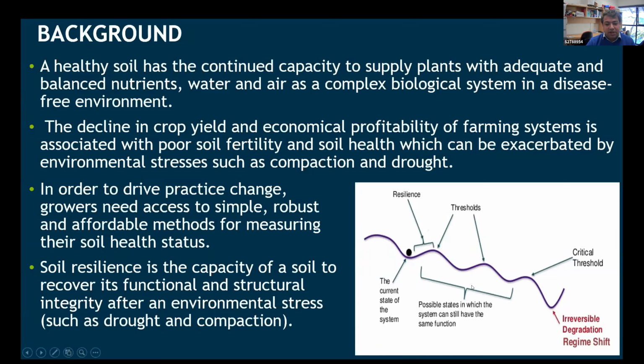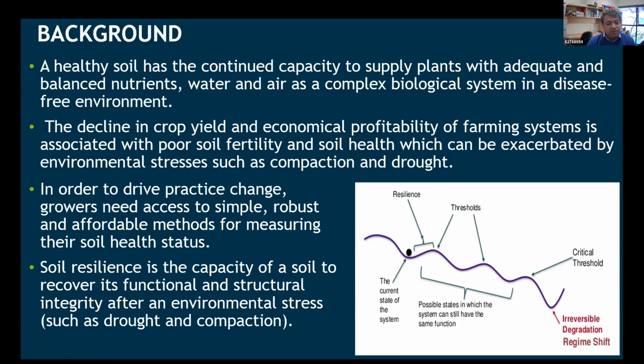So the functionality of the soil starts to decrease when we're dealing with these kinds of stresses. But what happens when the stress is lifted, when we remove the stresses, when we do ploughing if we have a compaction problem, when we irrigate the soil if we have a drought problem, or when we have rainfall? The soil starts to restore its functionality, physical, chemical, and biological.